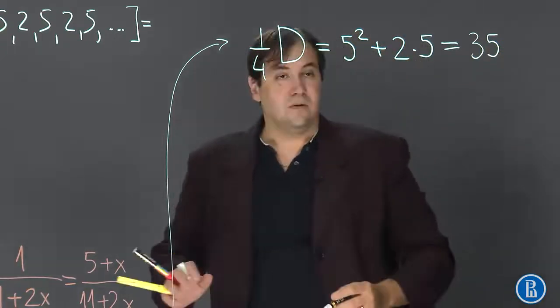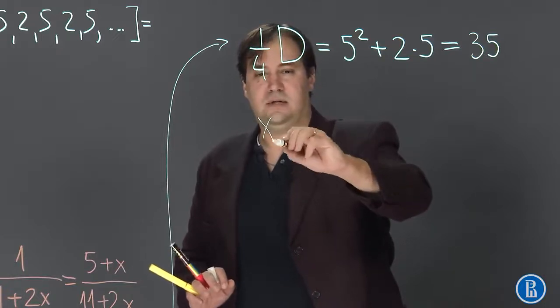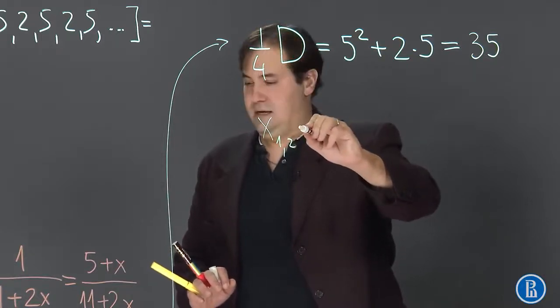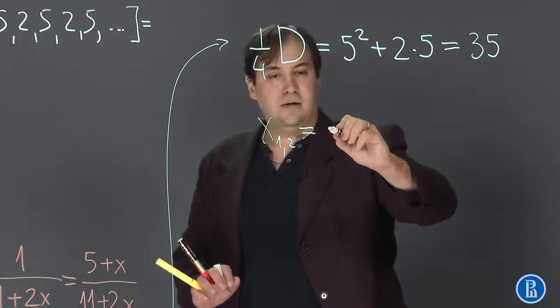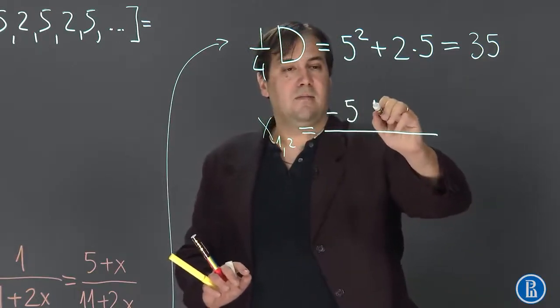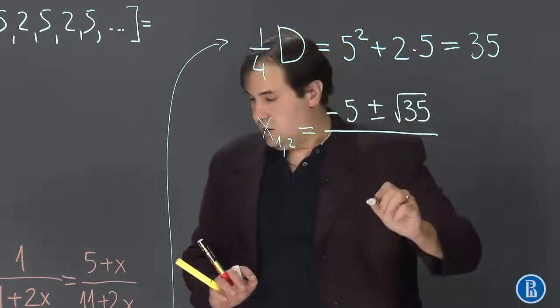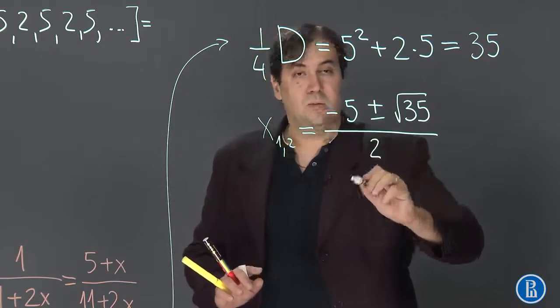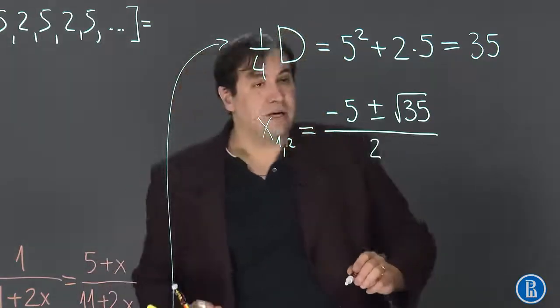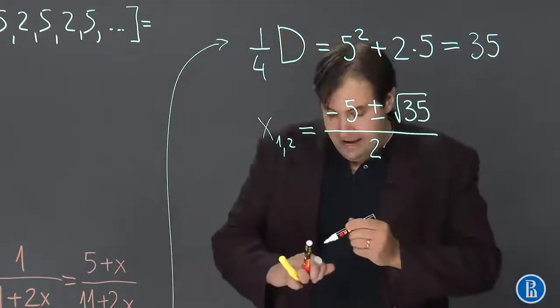So the solutions of this equation, x the first and the second one, are equal to minus 5 plus or minus square root of 35 over 2. We need not multiply this coefficient by 2 because here we took 1/4 of the discriminant.